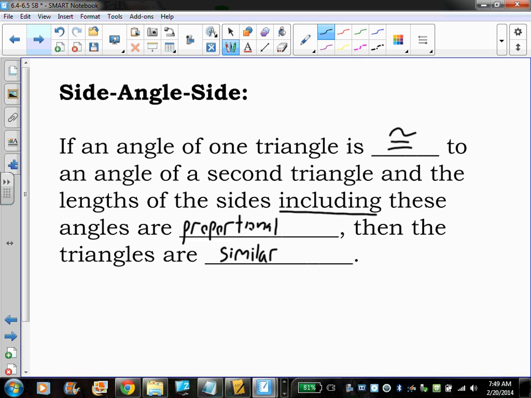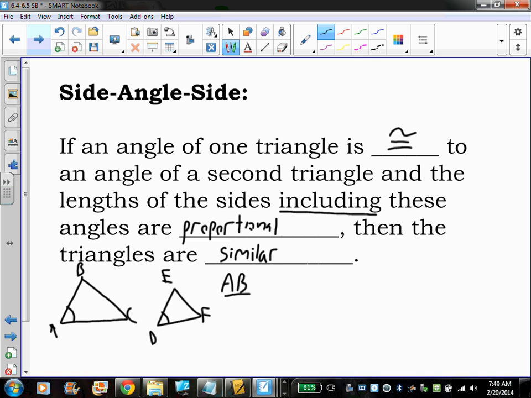Just as a reminder, if we have a triangle, let's label these points too. We have A, B, C, and let's make a second one that's supposed to be similar. We'll call it D, E, F. So let's say we know that angle A is congruent to angle D. If we're told that AB over DE equals AC over DF, let me write that down.